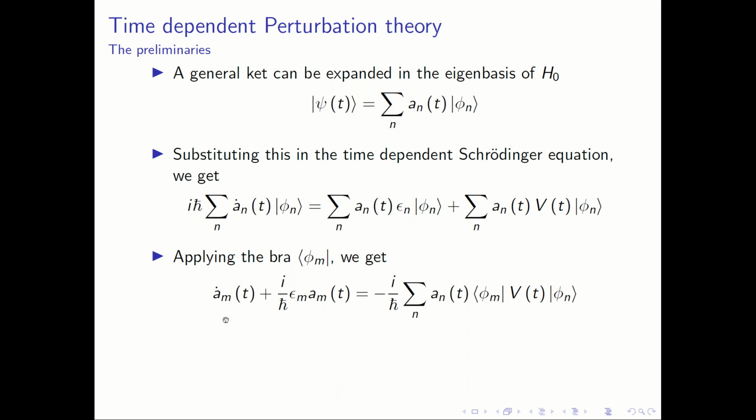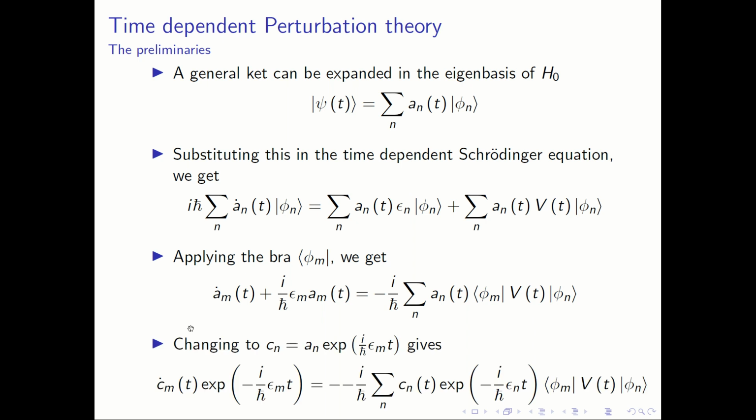If you supply an integrating factor e to the power i over ħ epsilon m t, this left-hand side is going to be a differential. And taking the cue from that, we introduce a new variable, that is not a new variable, but infinitely many new variables, one for each a n. So instead of a n, I'm going to use a new variable c n, which is a n e to the power i over ħ epsilon n t.